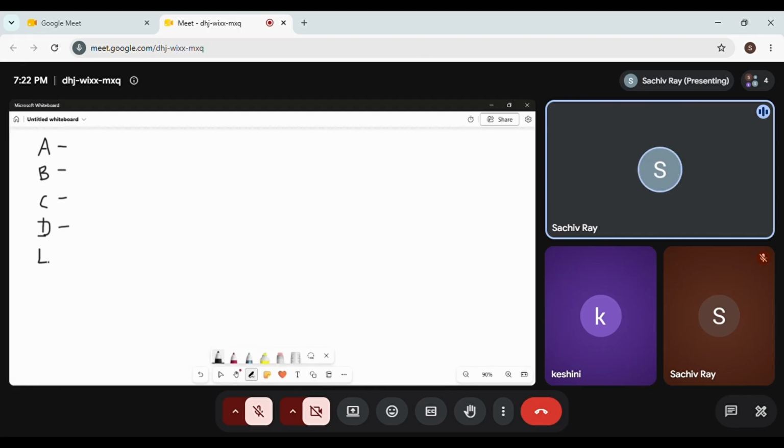For C, you write farmers who cultivate paddy, corn, and sesame.